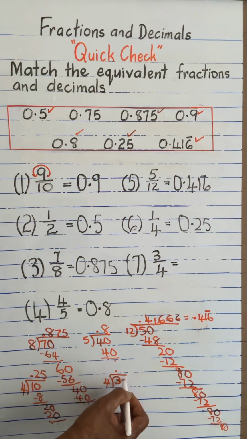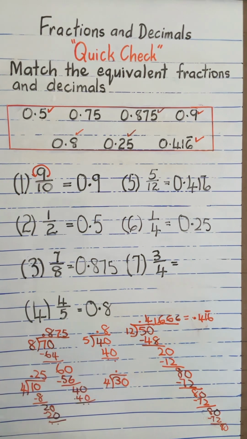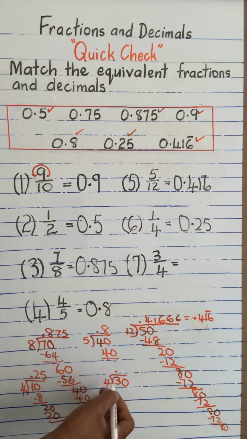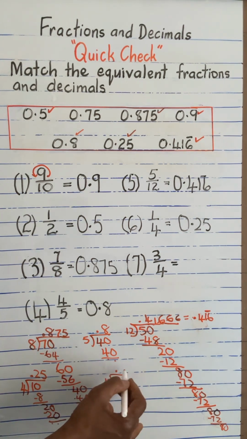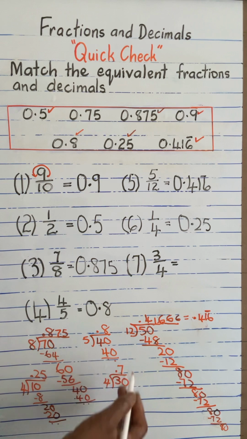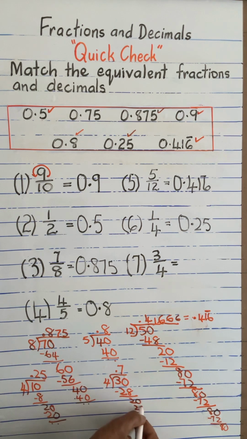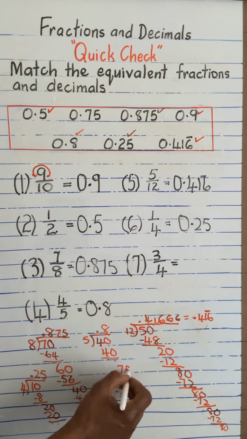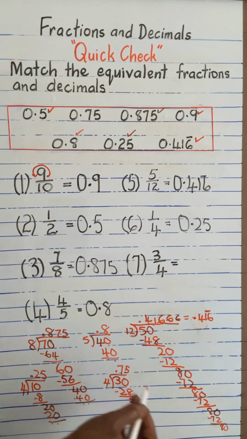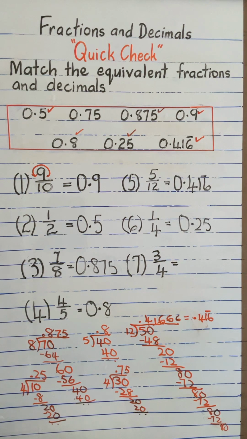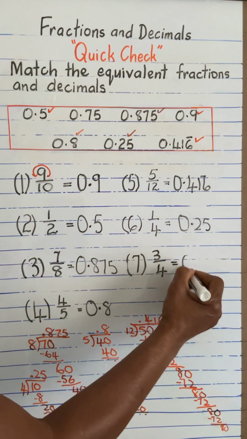No time. Add a 0. How many times can 4 go into 30? 7 times. Multiply, we get 28. Subtract, we get 2. Add a 0. How many times can 4 go into 20? That is 5 times. Multiply and subtract. So 3/4 is equal to 0.75.